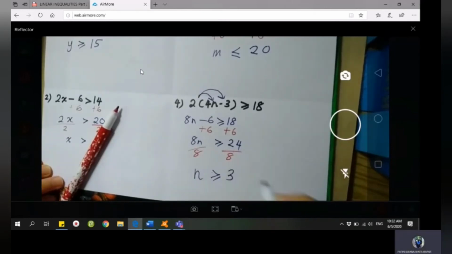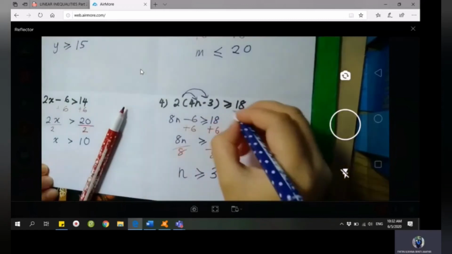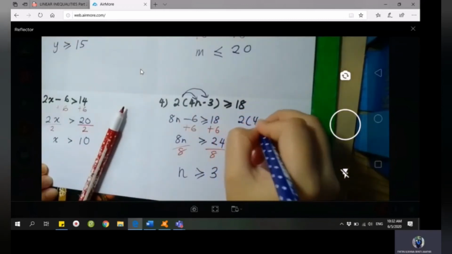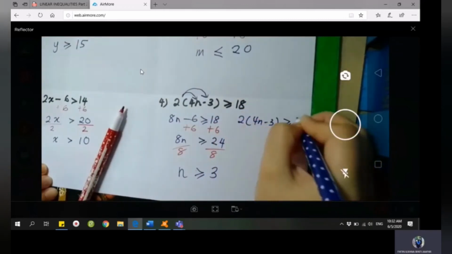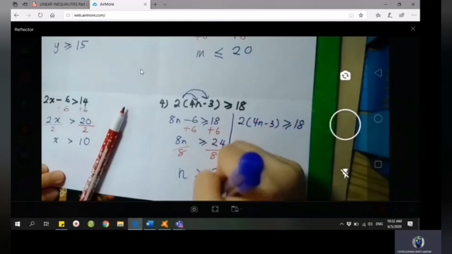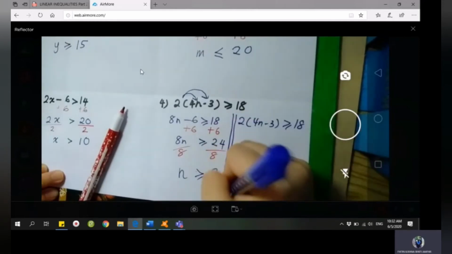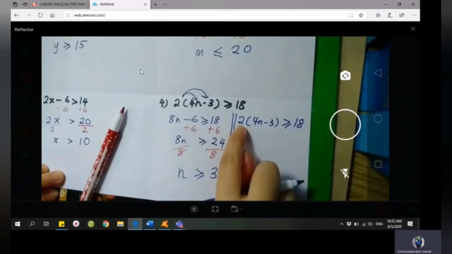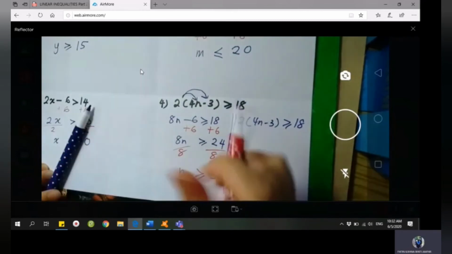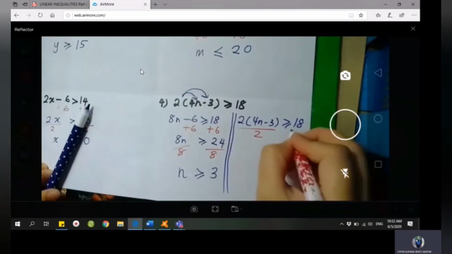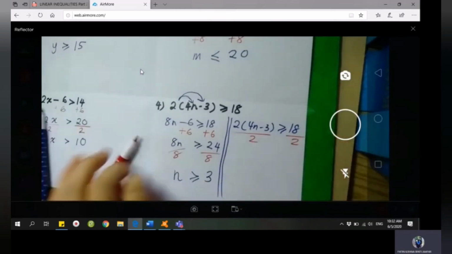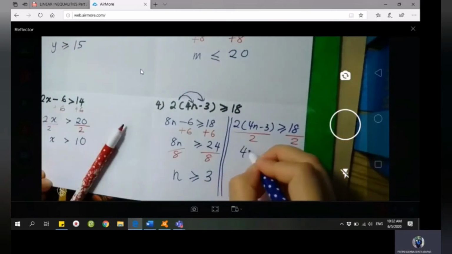Okay. If we don't want to expand earlier, we can go straight to 2, 4n minus 3, 18. Okay, this is if we don't want to expand. So get rid of 2 first because 2 is outside the bracket. So divide with 2. This one also divide with 2. So we will get 4n minus 3 is more than or equal to 9.